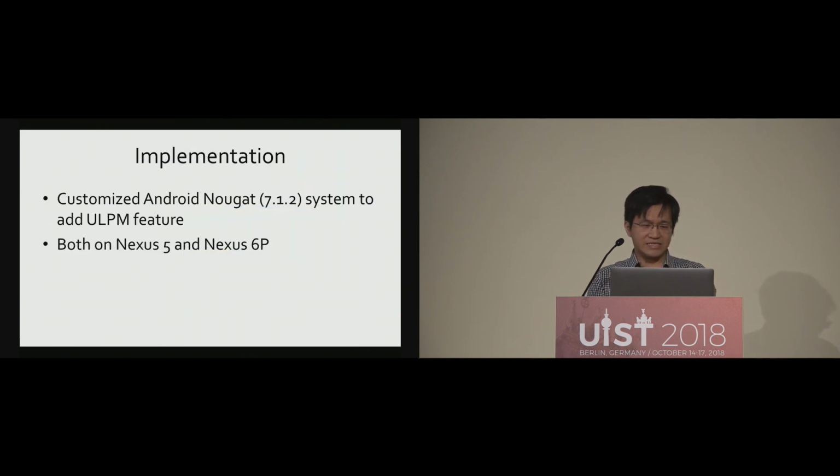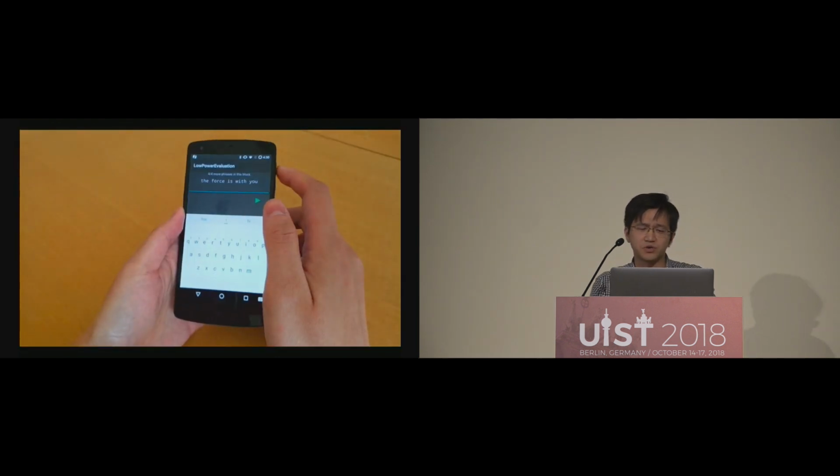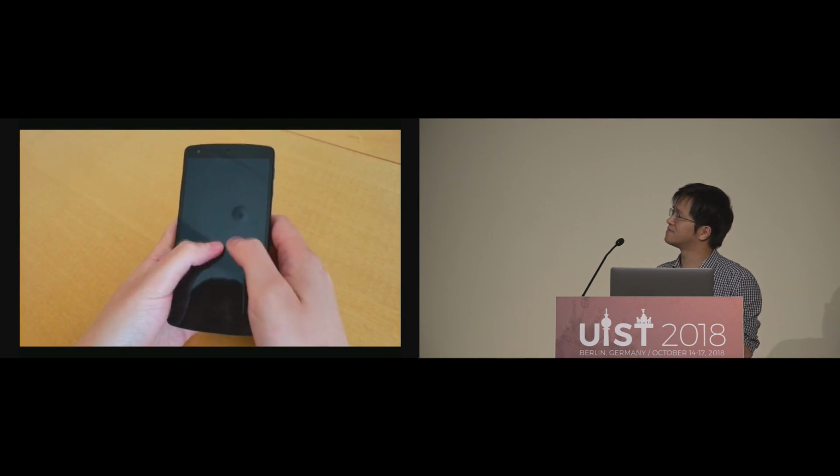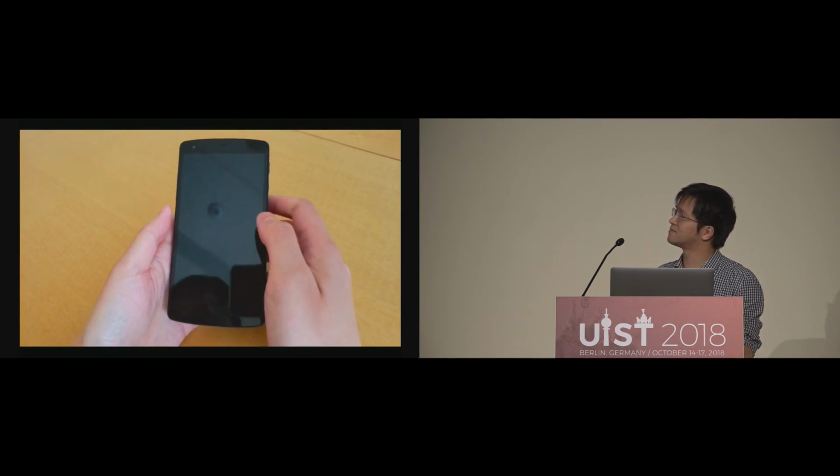We implemented the system by customizing the Android 7 system to add the ULPM feature. We implemented it on both Nexus 5 and Nexus 6P for both user study and power evaluation. Here's a short video showing how to type screenlessly.